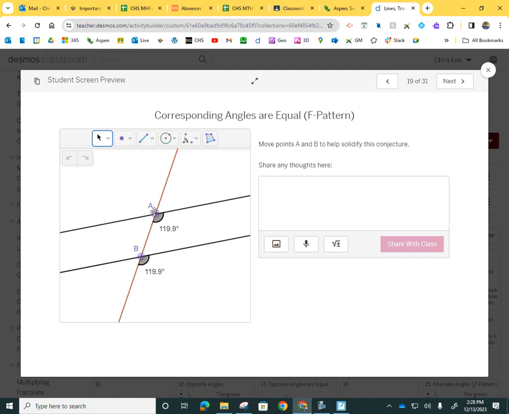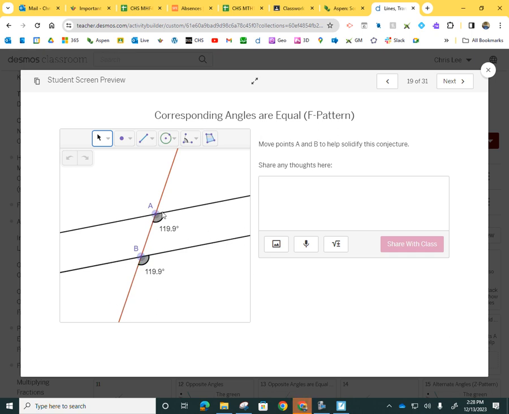We also have the F pattern, and if you see we've got an F, I can actually draw it here. Oh no, I can't, I don't want to mess up the picture. So if I drew it like here, I can draw it on my smartboard. Here is the F that we're looking at. So there's the F pattern, and it says that this angle here is equal to this angle, and you see it makes an F. And it doesn't matter what those angles are.